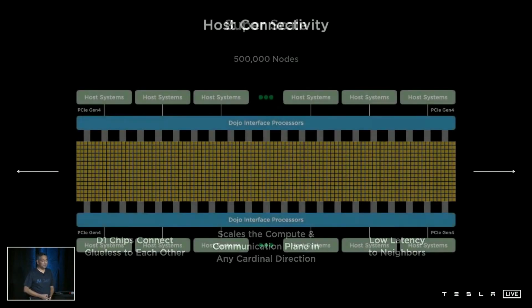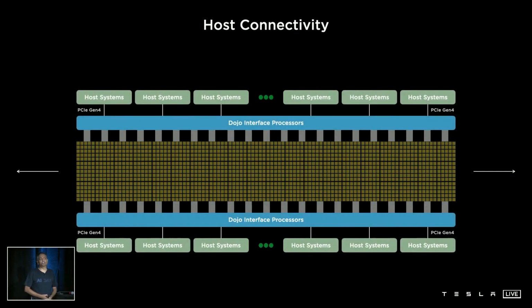And then we add DOJO interface processors on each end. This is the host bridge to typical hosts in the data centers. It's connected with PCI Gen 4 on one side with a high bandwidth fabric to our compute plane. The interface processors provide not only the host bridge, but high bandwidth DRAM shared memory for the compute plane.